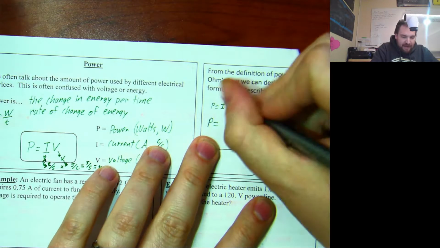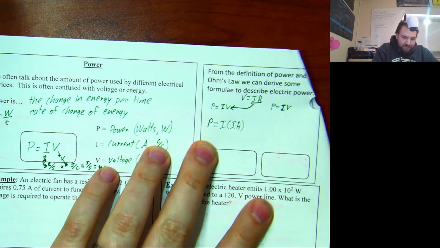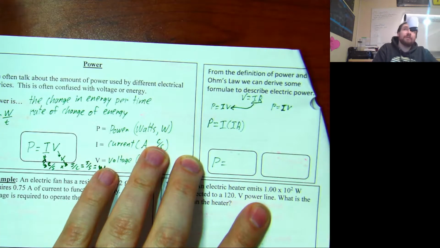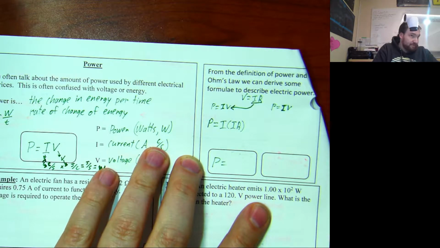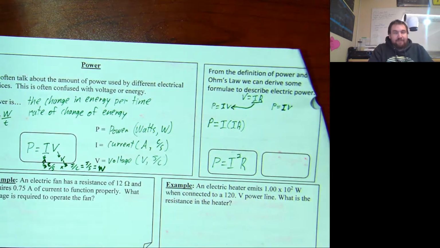P is going to equal I times IR, which is going to give me P equals I squared R.